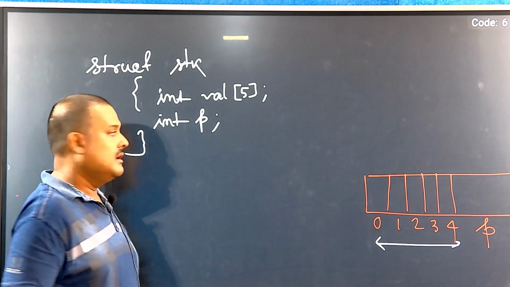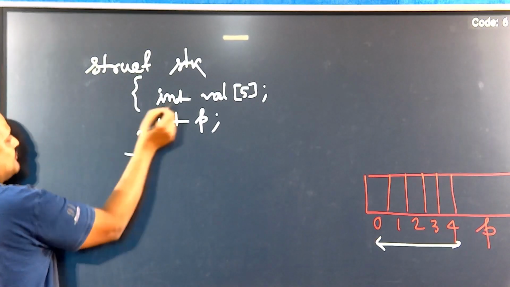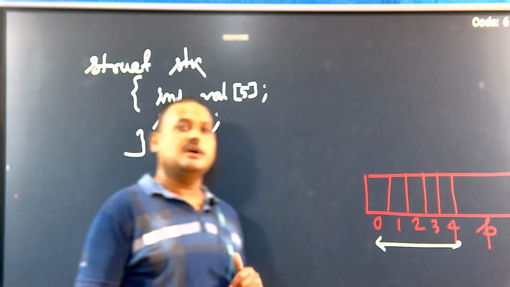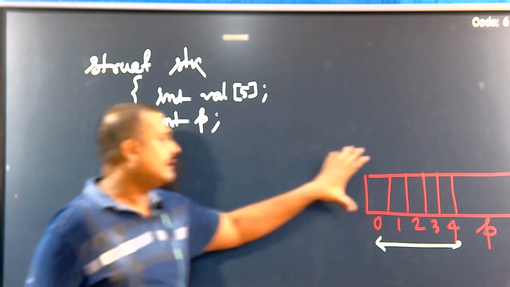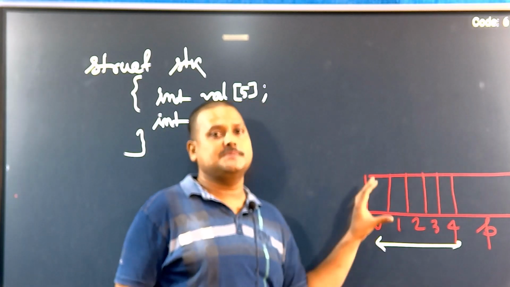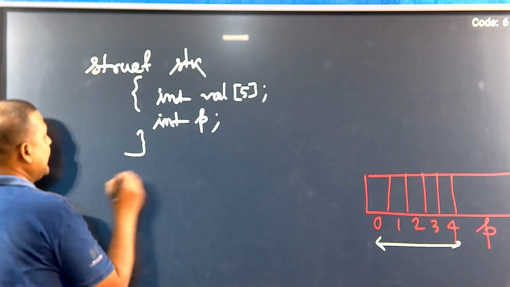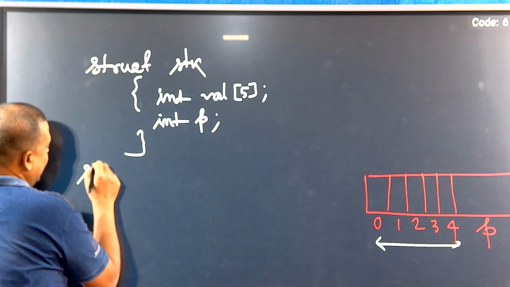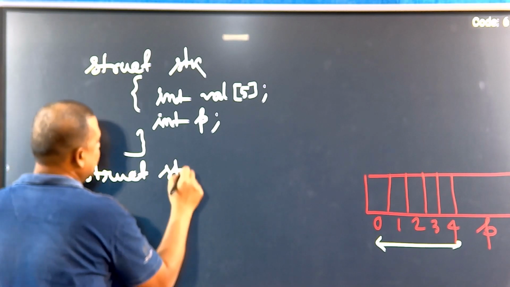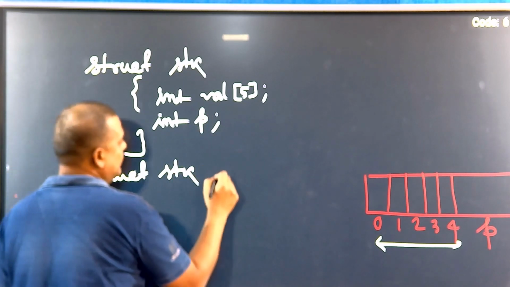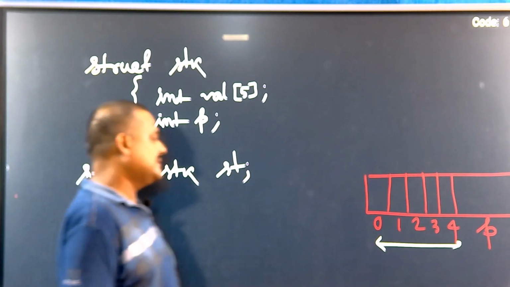Now, these are actually the member variables of the stack. If we try to allocate this in memory, like we want to occupy some memory space, then what is required? We have to create some variable for it. So, we create a variable struct stk st. So, st is the variable. Now, what is the change in memory?